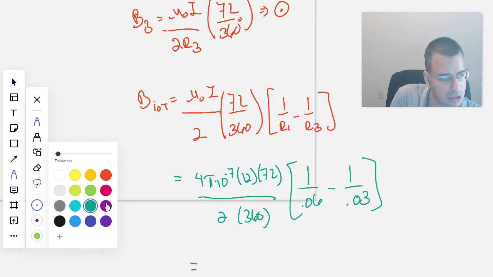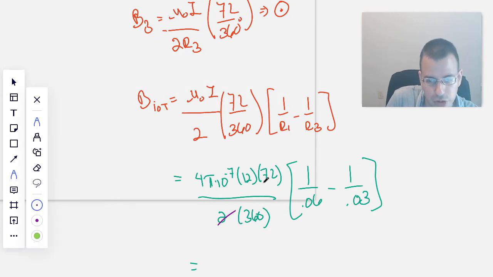So let's see here. 2 and 72 becomes 36. 36 and 360 becomes 10. 4 and 12 become 48. And 48 times 3 is like 150.